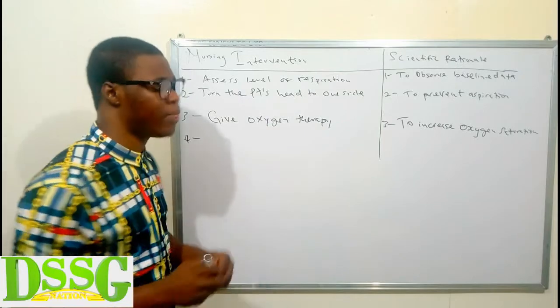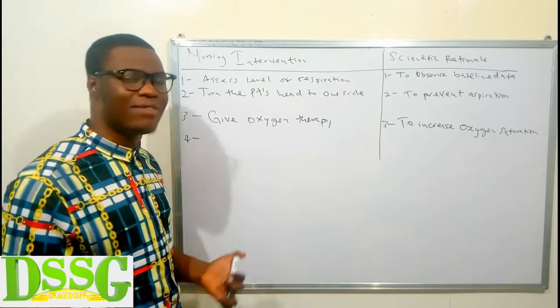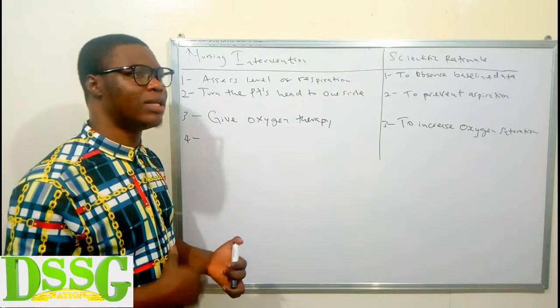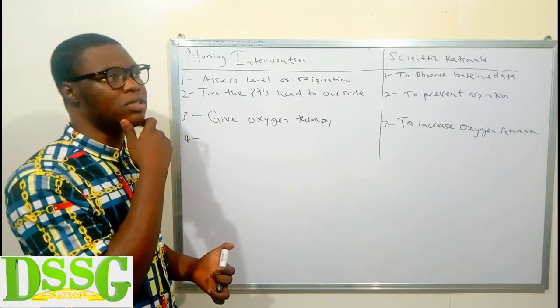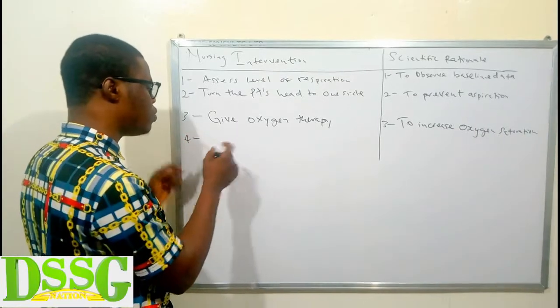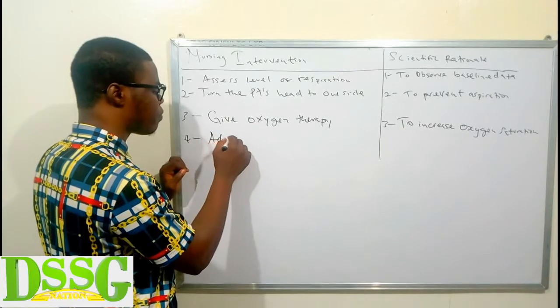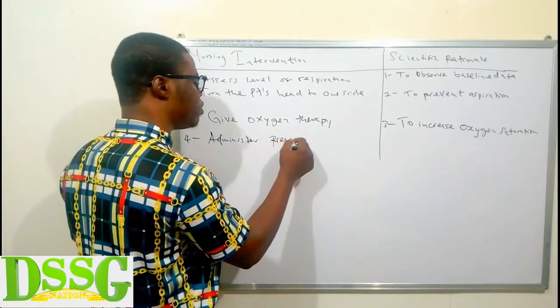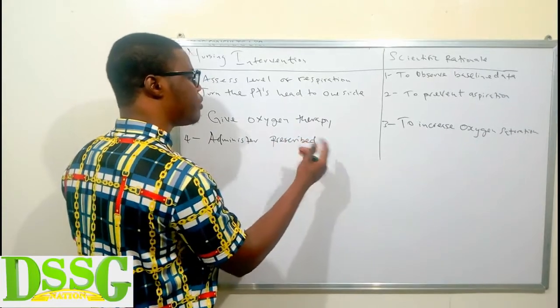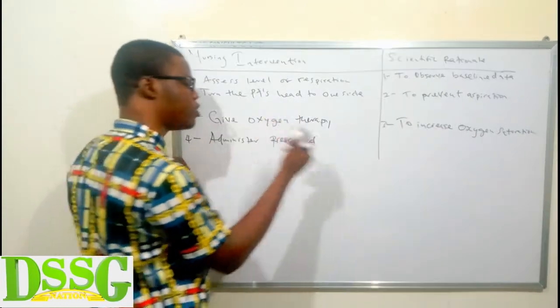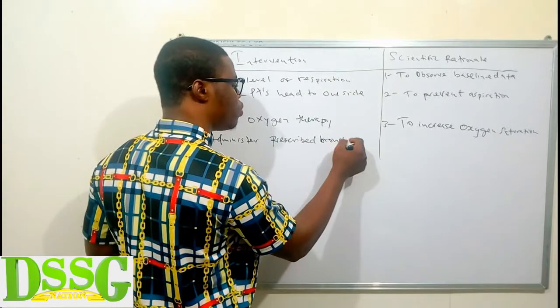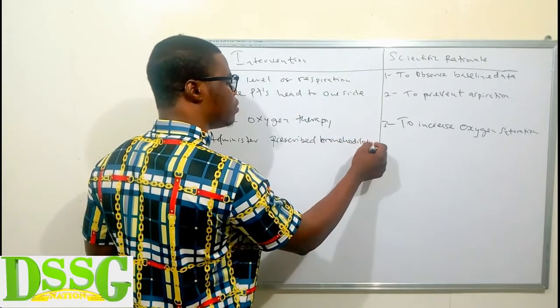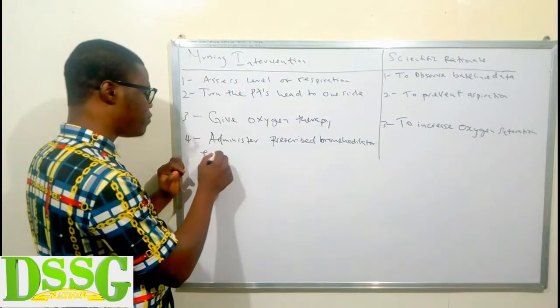So what are the other things that you can do? For someone that is having difficulty breathing, the first one is a drug. So the format, administer prescribed bronchodilator. The group of drug you can use to enhance respiration is bronchodilator. So example is aminophylline.